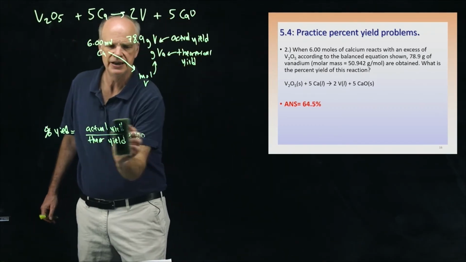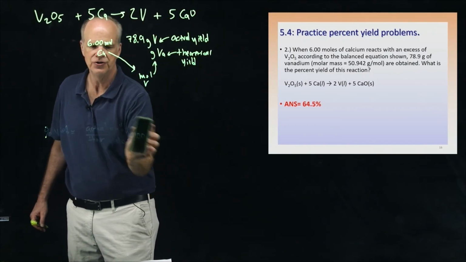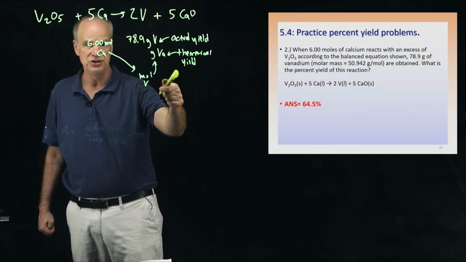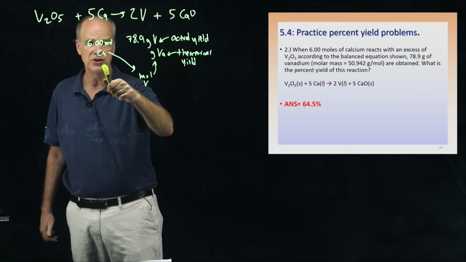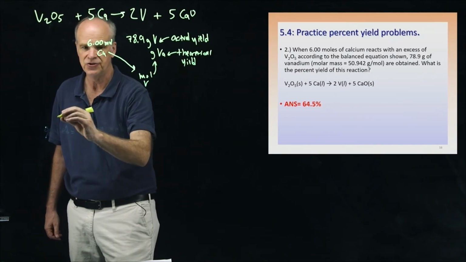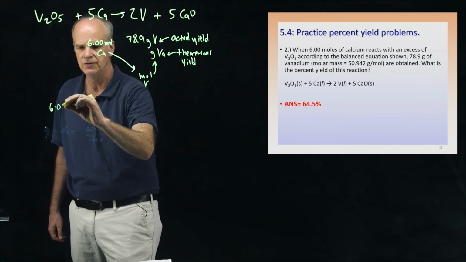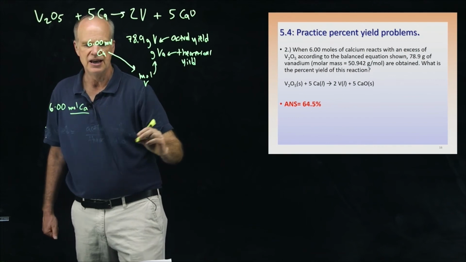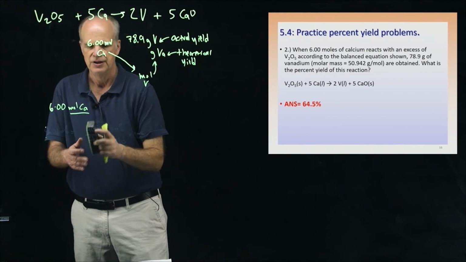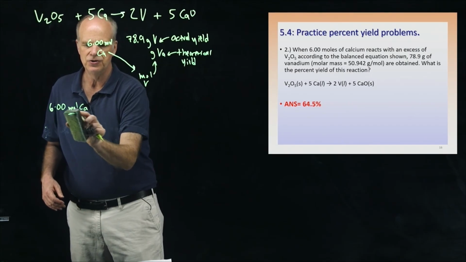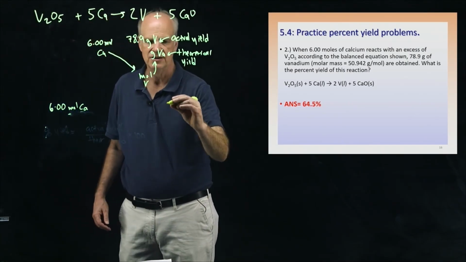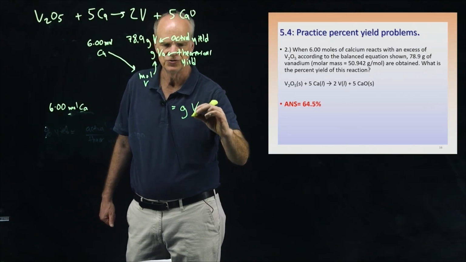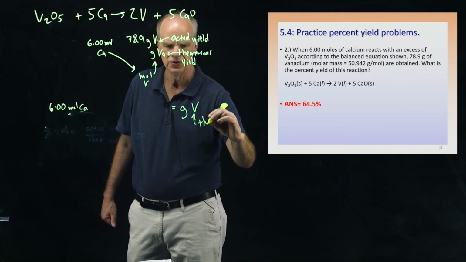So let's go ahead and work this out. So the first thing I want to do is I need to work out the theoretical yield of the vanadium from 6 moles of calcium that's reacting. So we have 6.00 moles of calcium. And again, what we're trying to do is, in the end, get the grams of vanadium, which will be the theoretical yield.